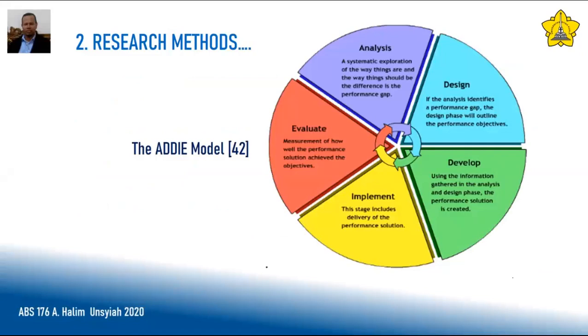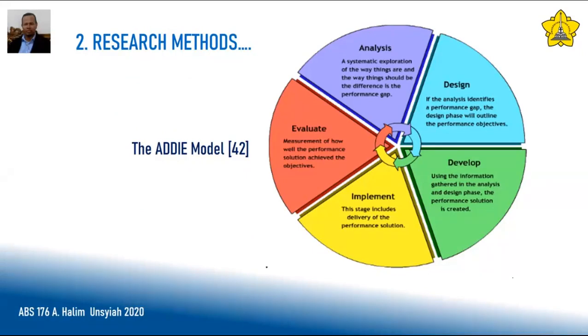First, the analysis. What is the analysis? Systematic exploration of the way things are and the way things should be, different in performance gap. Design: if analysis identifies a performance gap, the design phase will outline the performance objective.